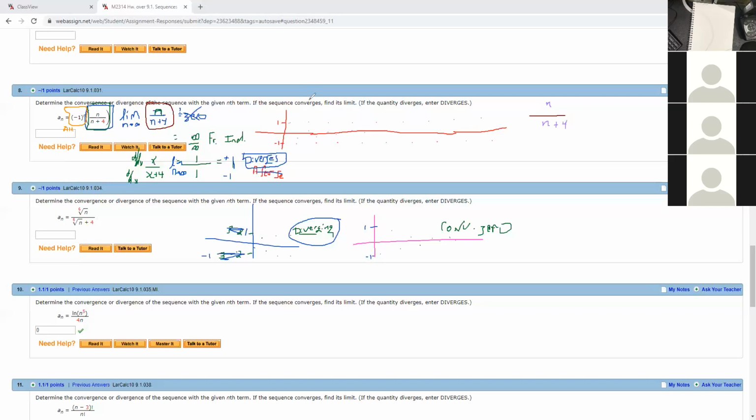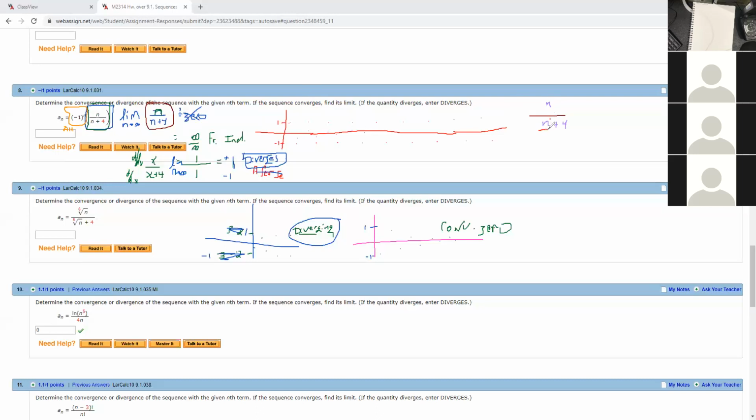But there's going to be times when it's nicer to do what I'm about to show you, which is divide by n to the first power. The term in the denominator that has an n, there's only one of them here, and it's n to the first power. So that's the largest one.